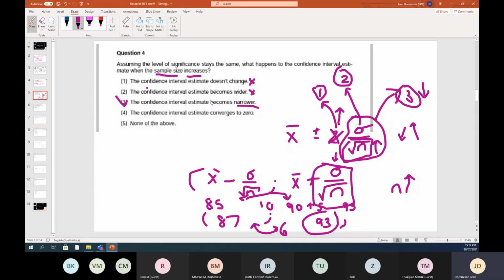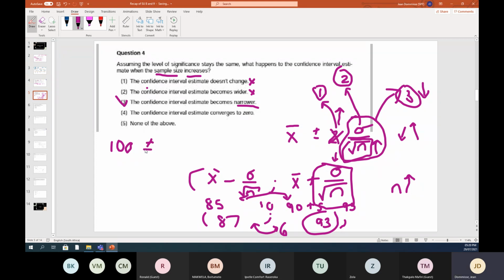So again, when you have this in the exam, it's easier to actually just add in numbers, and it can be any numbers. You could say, okay, they tell me that level of significance stays the same, so let's assume x is 100.